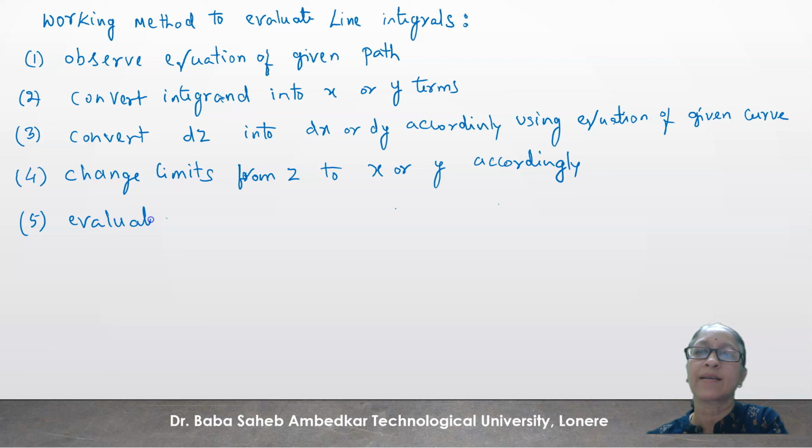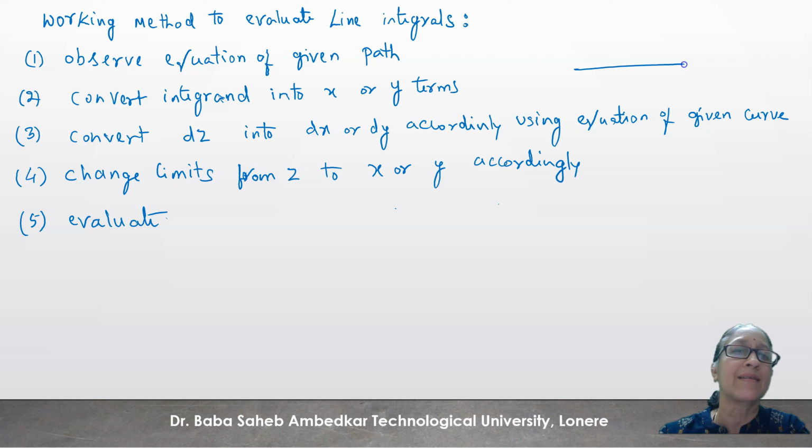Then fifth, evaluate the integral. So first we have to observe the equation of the given path. Sometimes it may be a single curve or single equation, or sometimes the path is like this, in this direction first, then in this direction. Then we first find the integral along OA, then along AB, and add both the values.